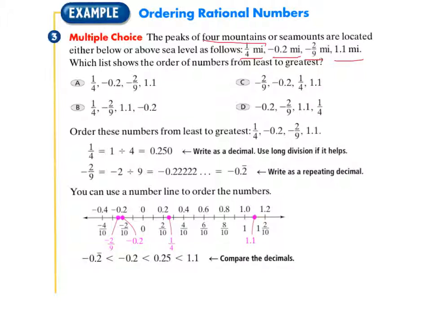So our order from least to greatest is negative 0.2 repeating, then negative 0.2 terminating, then positive 0.25, lastly positive 1.1. So the correct answer is C, once we put everything back into their original forms. So negative 2/9, then negative 0.2, positive 1/4, and positive 1.1.